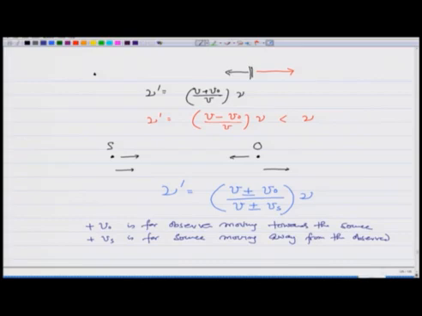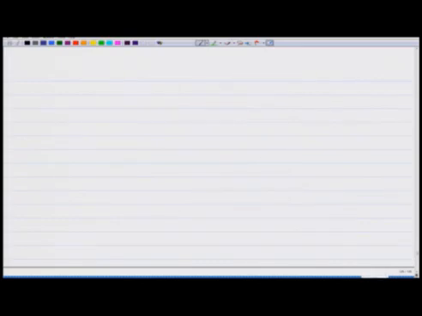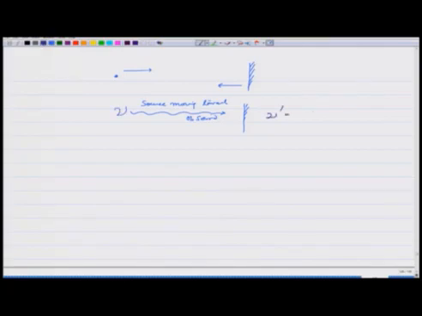An interesting variation of this problem comes when we consider a source moving towards a wall and the source hears his or her own sound. So, what happens in this case is that the wall first receives the frequency from the source as the source is moving towards it. So, if the source frequency is nu, the wall is going to receive a frequency nu prime, which is going to be v divided by v minus vs times nu.